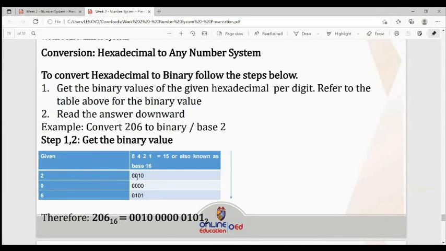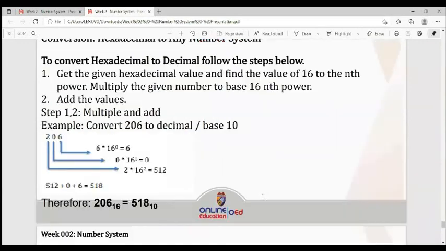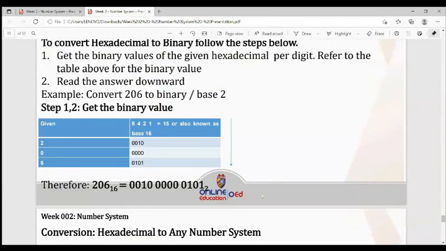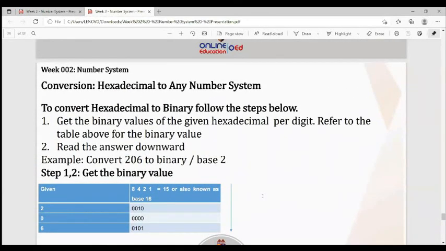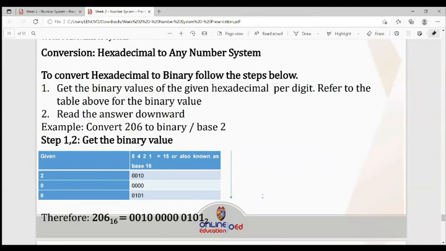So, we have 0010, 0000 here, and then we have 0101. Yan. Then after that, ayan. So, yan na yung conversion ng hexadecimal to binary.